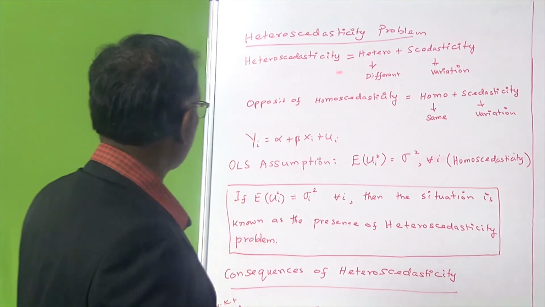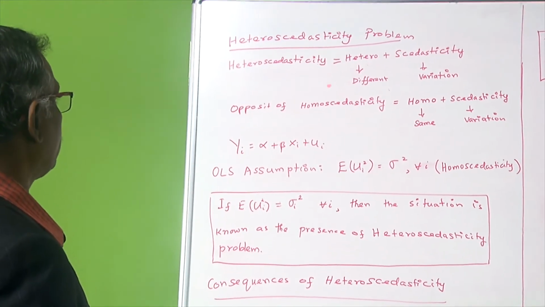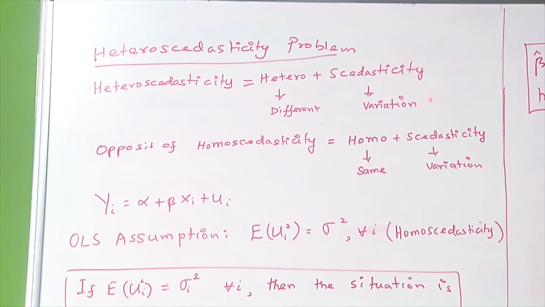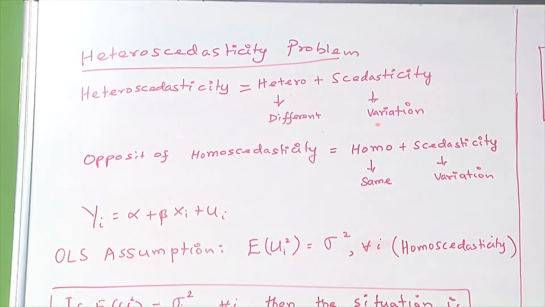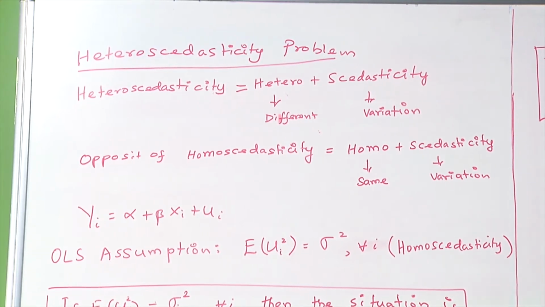Heteroscedasticity is a composite word consisting of two separate words, hetero and scedasticity. Hetero means different, scedasticity means variation. So, heteroscedasticity literally means different variations.